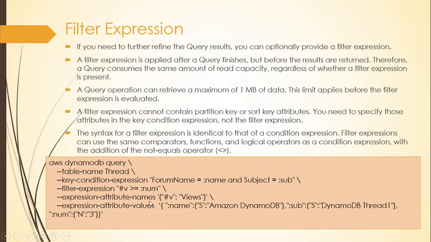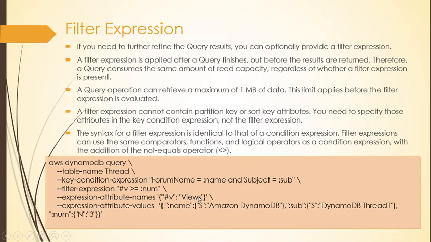Expression attribute names: #v is the placeholder for the attribute name. Expression attribute values are: name of type string, Amazon DynamoDB; sub of type string, DynamoDB Thread 1; and num of type number, and it is 3.